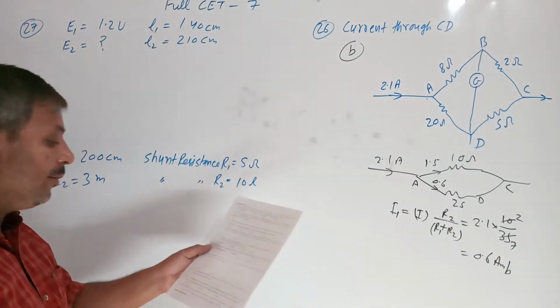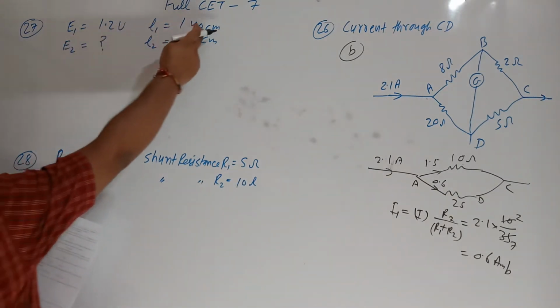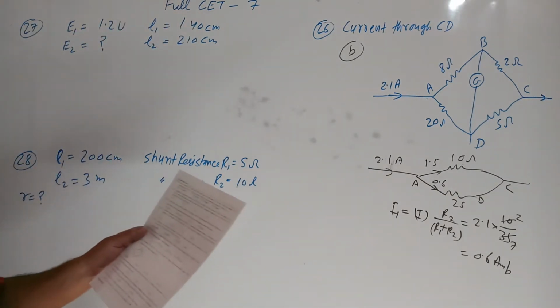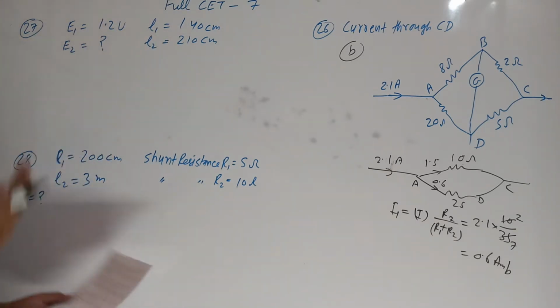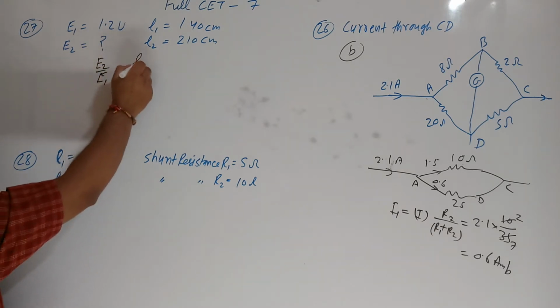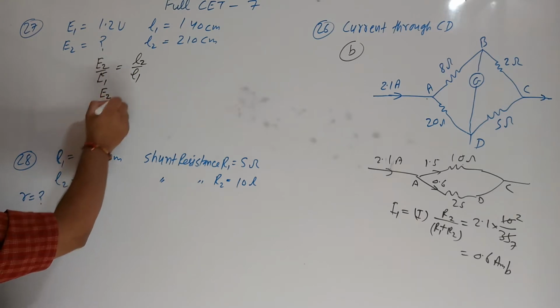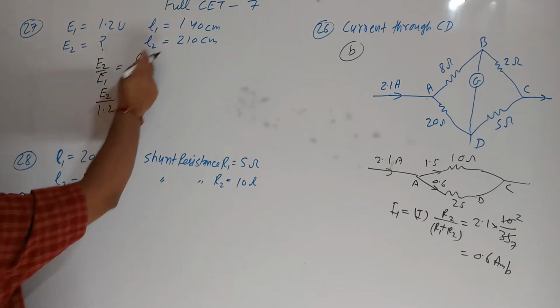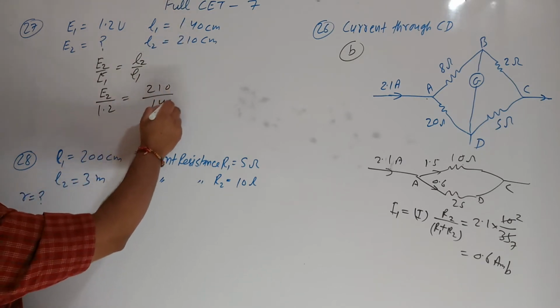27, potentiometer null point, 140 cm, voltage of cell is 1.2. For 210, what will be the voltage? See here, E2 upon E1 is equal to L2 upon L1. So E2 upon 1.2 is L2 upon L1, 210 upon 140.